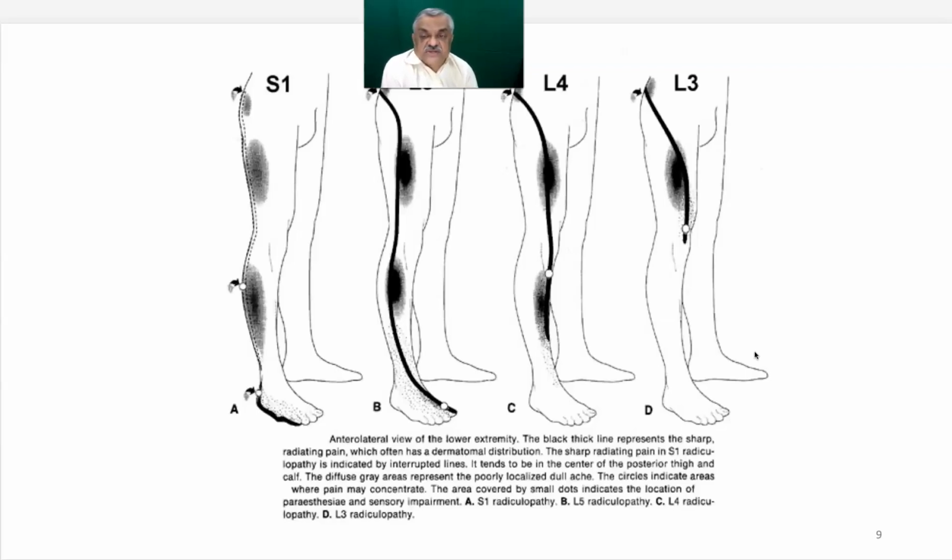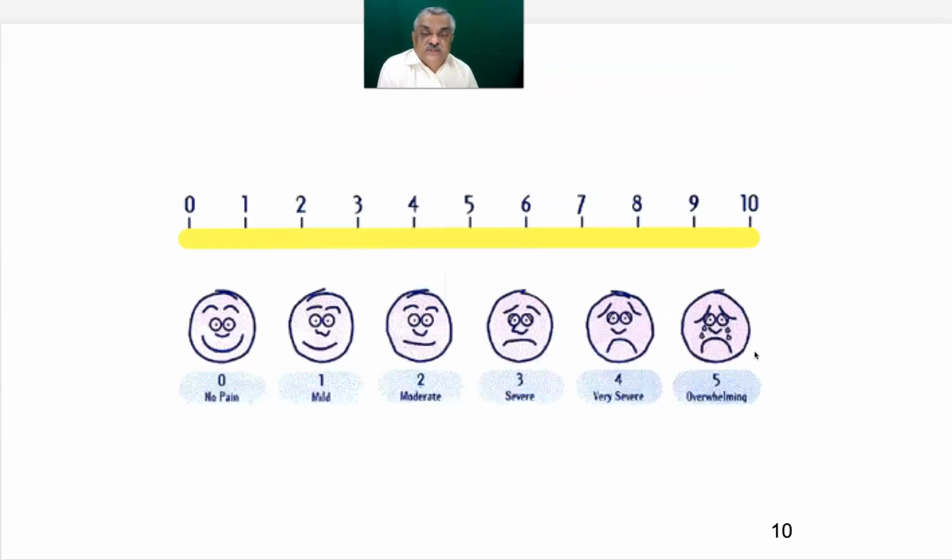Picture A is of S1 radiculopathy, B is L5 radiculopathy, C is L4 radiculopathy, and picture D is L3 radiculopathy. So this should be extremely clear to us, what we are dealing with.